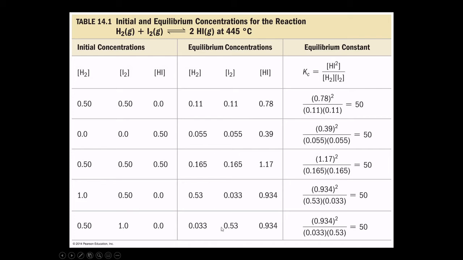And no matter what the concentrations are at equilibrium, when you plug the concentrations into the equilibrium constant expression, it will always give you the same number, which is 50 in this case, for this particular reaction at 445 degrees C, which is really, really hot. You will have an equilibrium constant of 50.